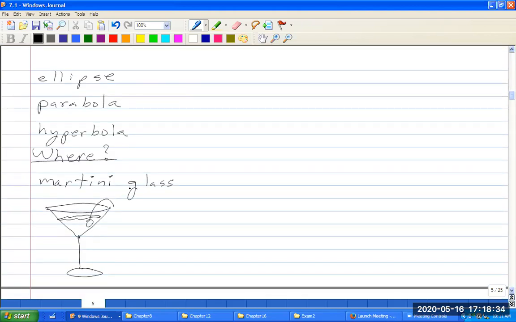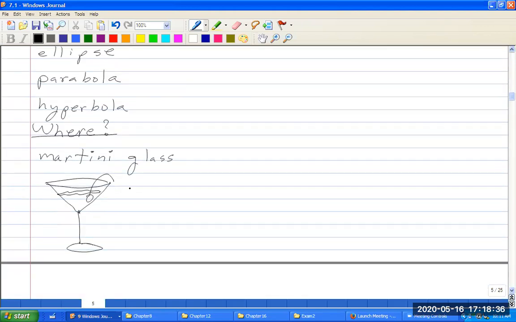So where can you see this? Well, if you get a martini glass, it has to be a martini glass because it looks like a cone, and you fill it with some sort of liquid, then as you drink it, if you look down, you go, oh, I have a circle. You tip it, it is an ellipse. You tip it more, a parabola.